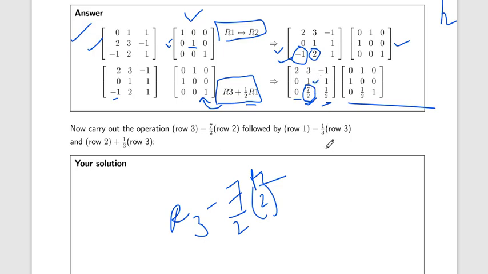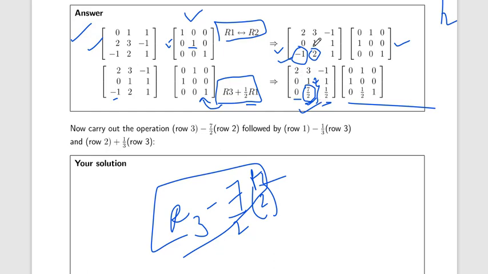If we multiply this with 7 by 2 and subtract from the third row, what will we get? We will get 0. In short, you have to transfer into an upper triangle matrix.